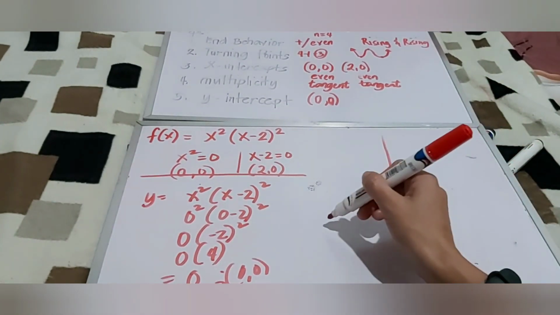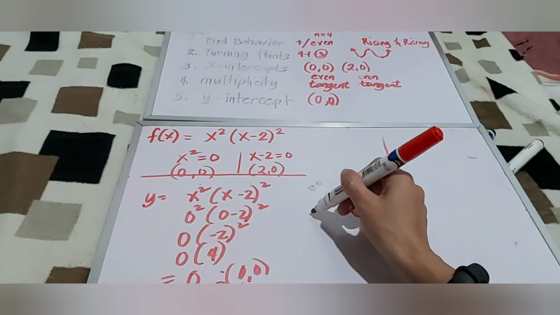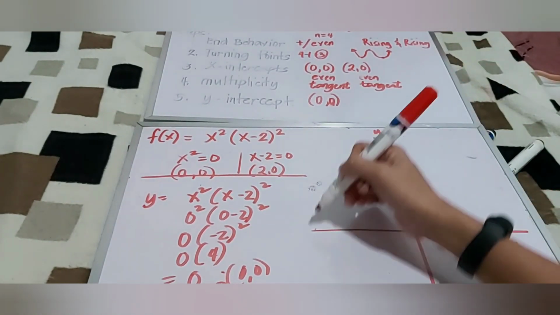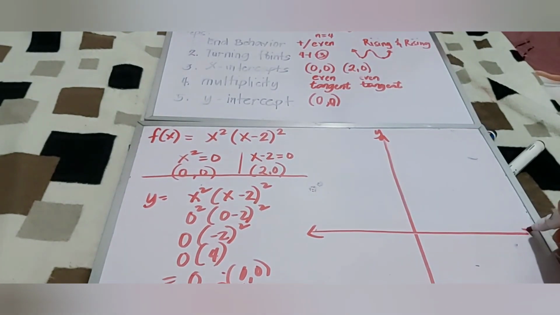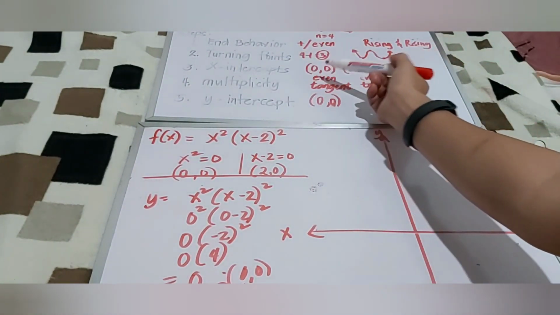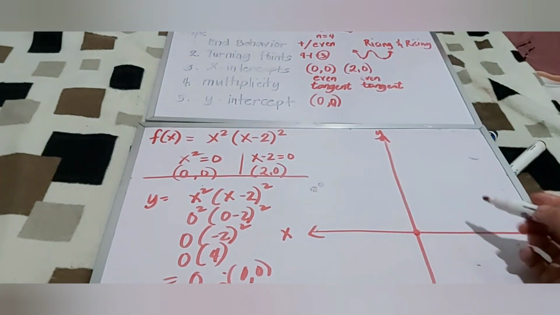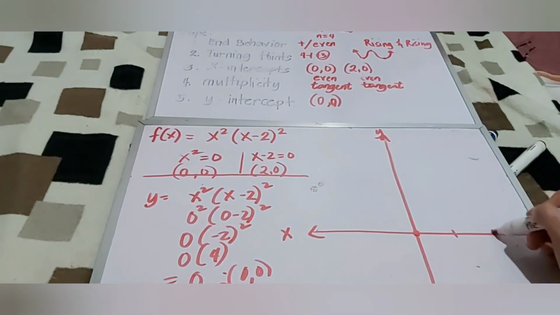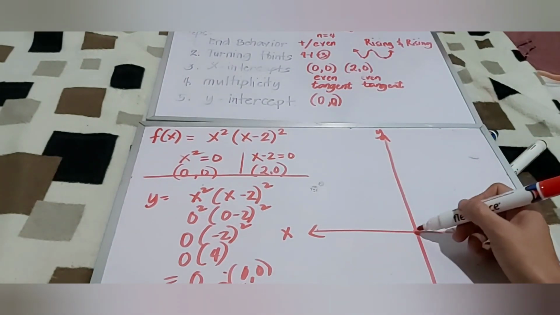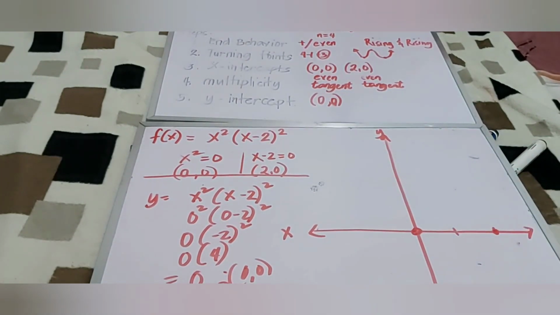And this our x axis. Okay, and our x-intercepts are 0 and 0, and then 2 and 0. This is another x-intercept. And then this is also our y-intercept.